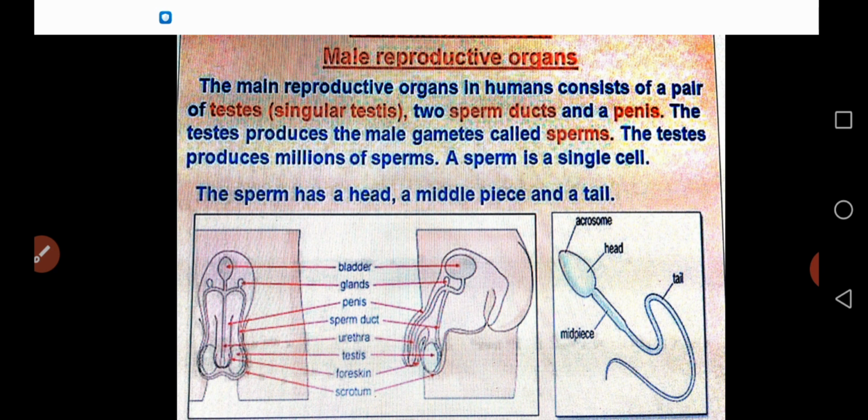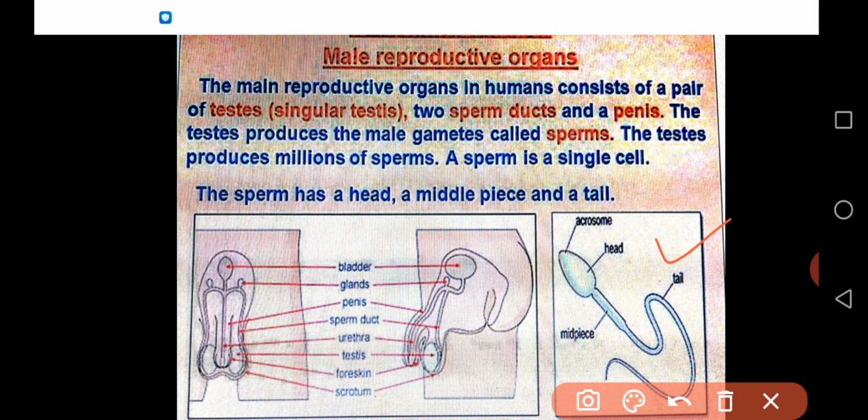The testis produces the male gamete, sperm, and it produces millions of sperm. This is the structure of the sperm. The sperm are present in the semen produced by the testis, and the semen contains millions of sperm.